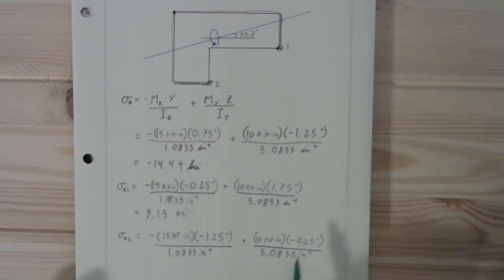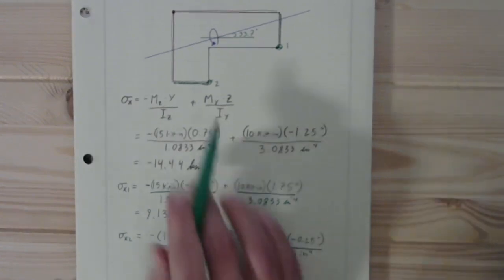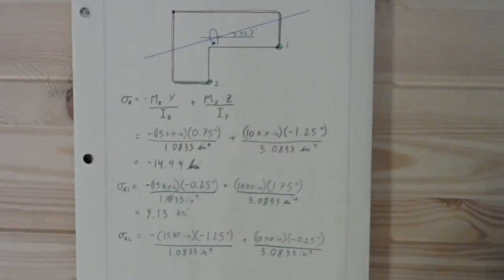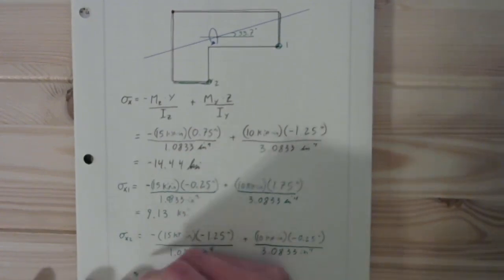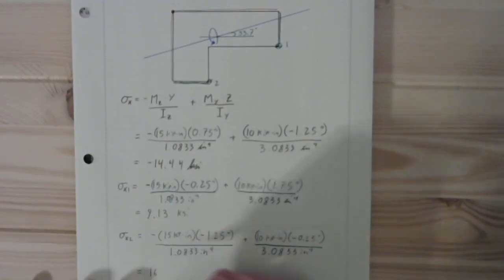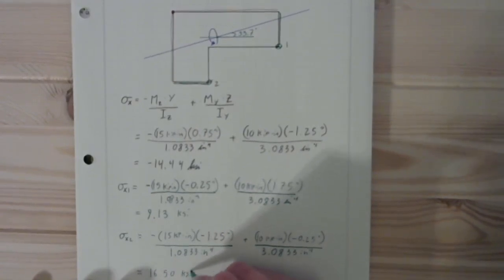You can see we could have 0.125, or we could go all the way up to 1.25 there. Obviously the minimum there is going to be the best. And what we're going to end up with for this one is 16.50 ksi.